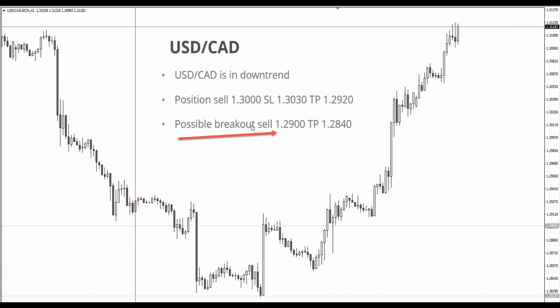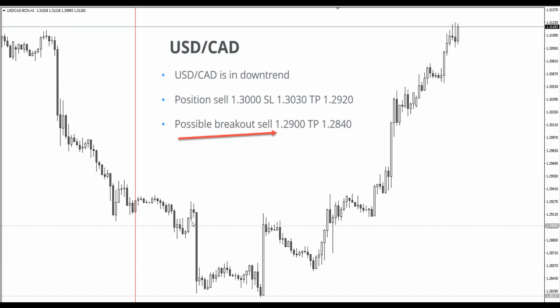Dollar CAD, well, breakout trade, you see. Not bad, guys. Please don't be sad if you didn't take the sell position, because I was saying that even if you take a breakout trade, it should be good, and it was good.